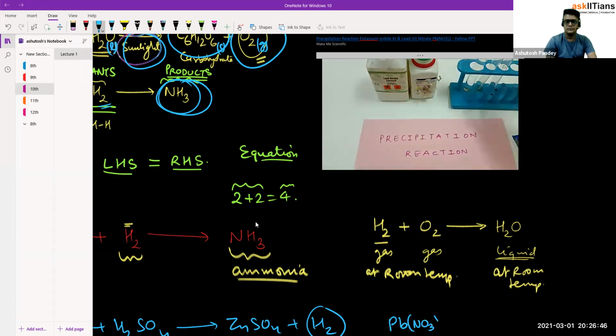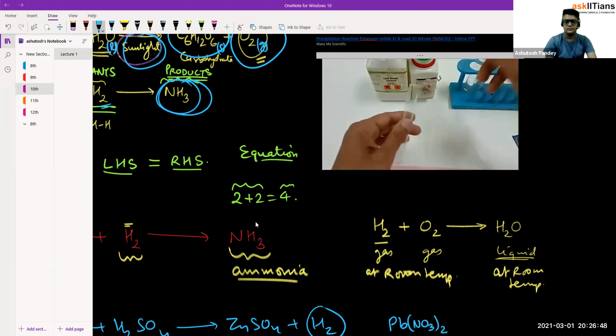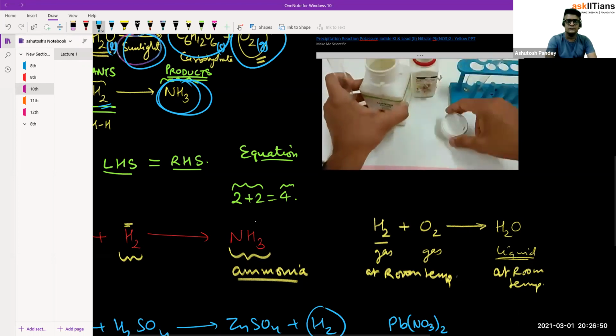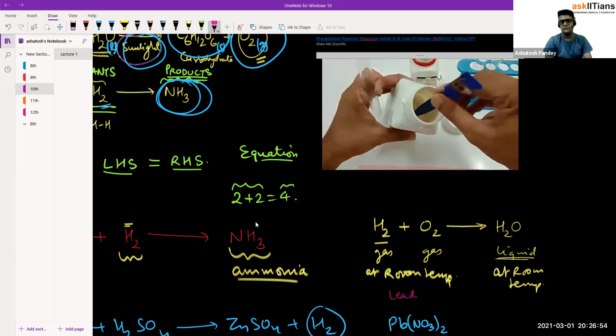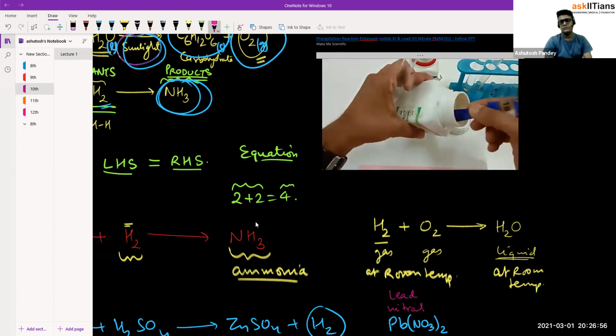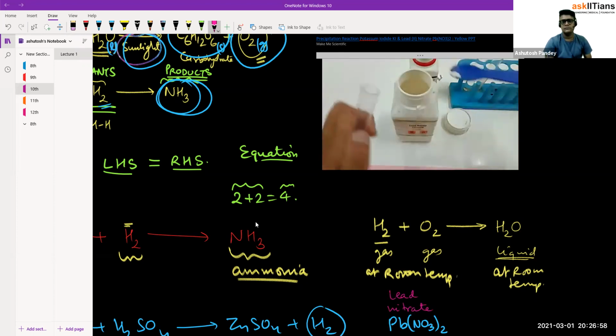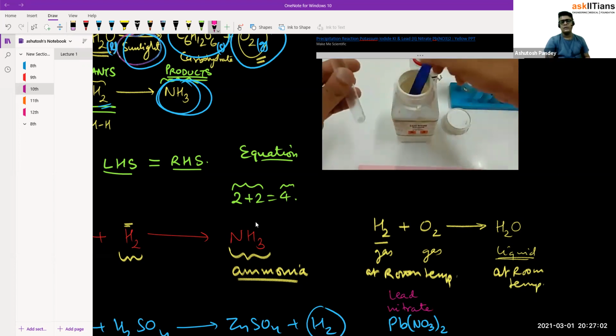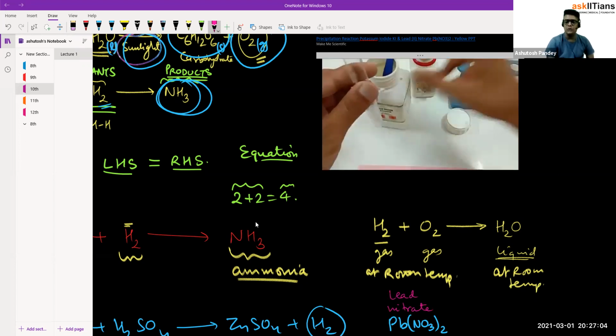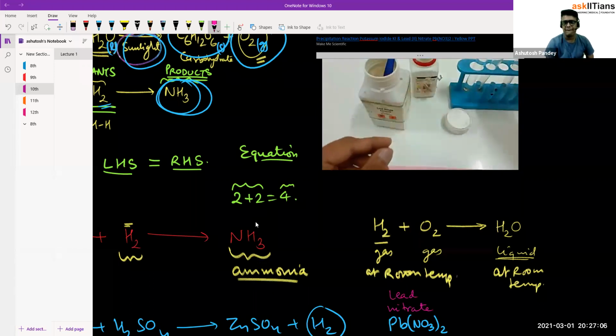So first of all, I am going to take some lead nitrate, that is Pb(NO3)2, a very small pinch of it, and I'm going to place it over here.